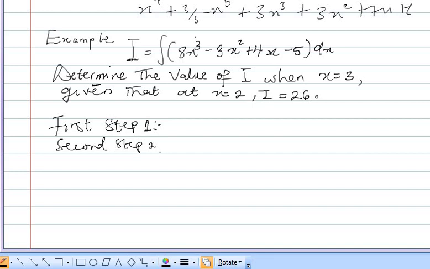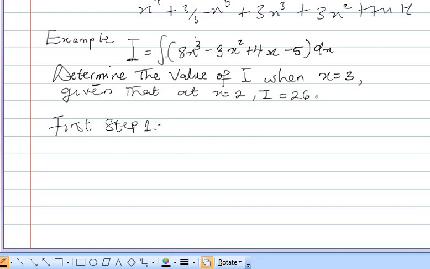But let's follow bit by bit. So let's start with step 1. Step 1 is just to perform the integration.